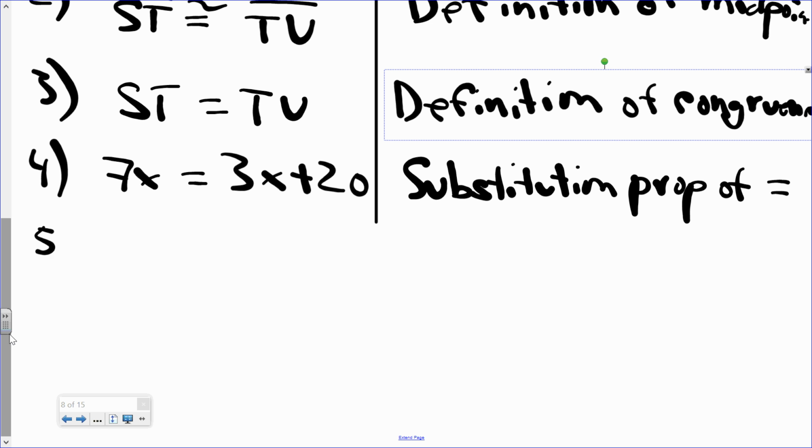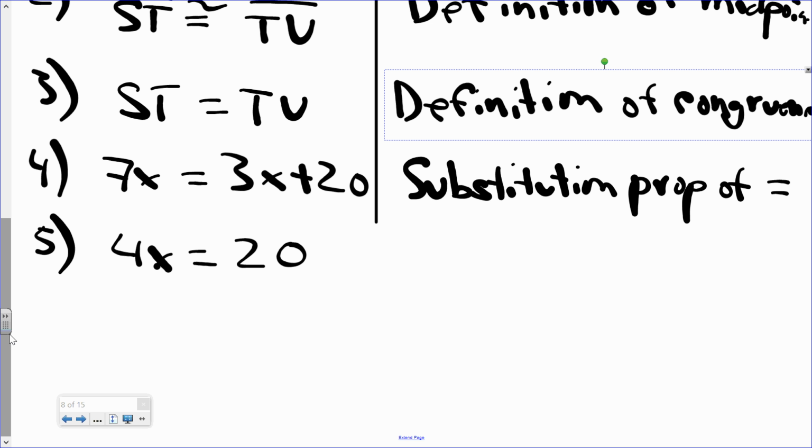Go ahead and tell them. Now what? How do I get x by itself? What do I subtract from both sides, please? Close. 3 what? 3x. So if I subtract 3x from the right and 3x from the left, let me write what results from that. It'll be a 4x equaling a 20. Look, I took away 3x from both sides.